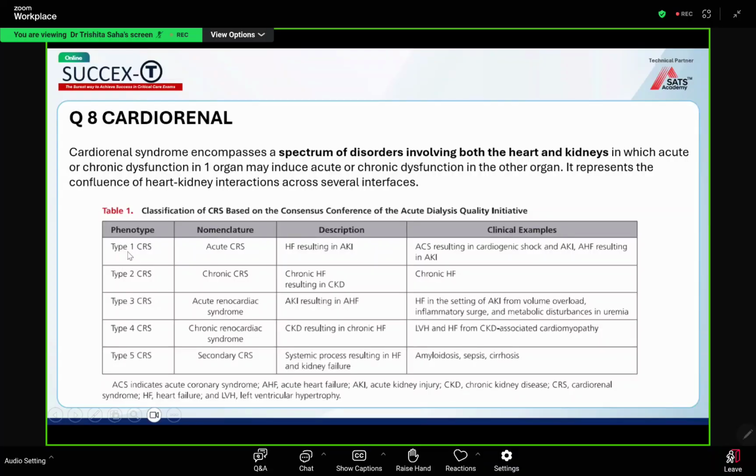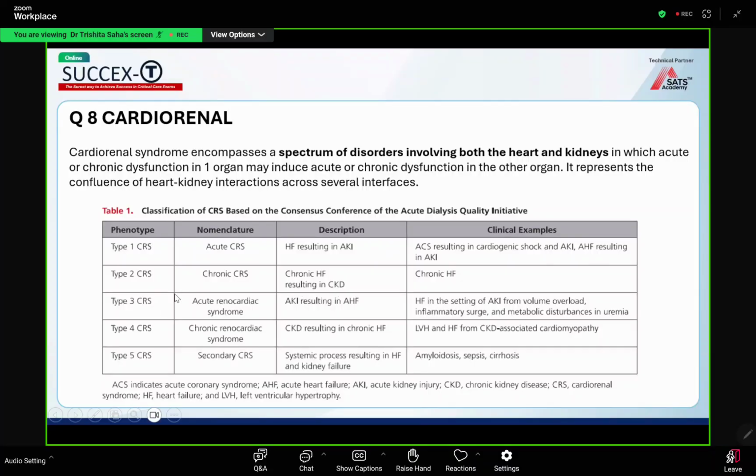There is different phenotyping done, 1 to 5. Types 1 and 3 are mostly the acute ones, 2 and 4 are the chronic ones, and 5 is the metabolic one. Type 1 is the acute CRS, where the heart leads to the kidney, heart failure leading to AKI. Type 2 is the chronic CRS, that is chronic heart failure resulting in CKD.